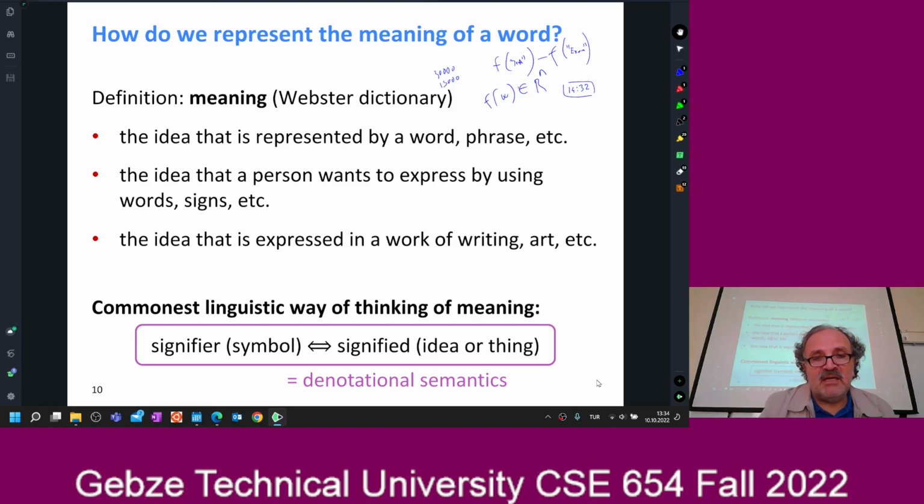And in computational linguistics, NLP, well, I mean, we are scientists, we are engineers, right? We have to work with numbers, so we are going to assign numbers to words that will represent meanings.